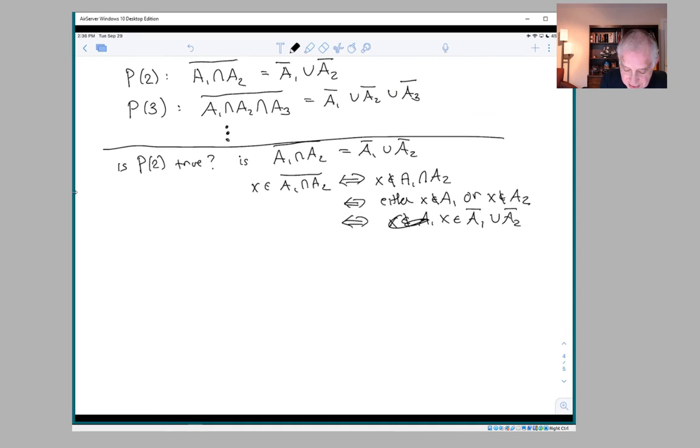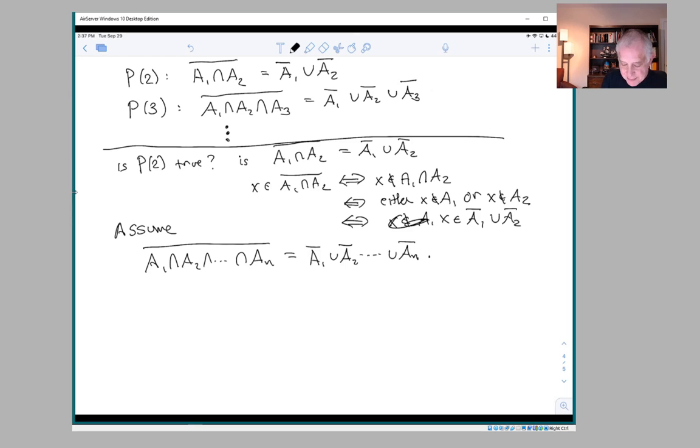Now we assume that this is true if you have n sets. And what happens if you stick an An plus 1 into here?